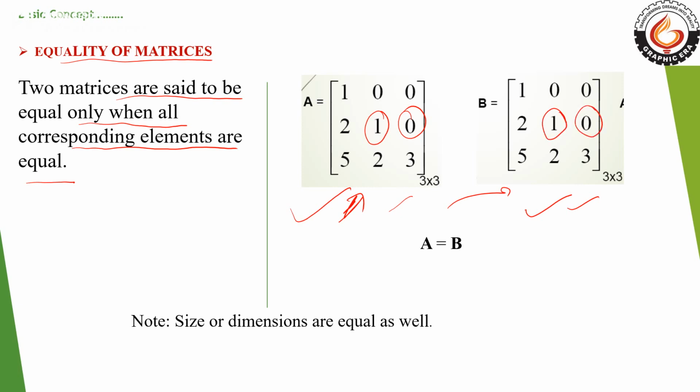So we can say the matrices A and B are equal. Here we have to know the size or the dimension should be equal for equality of two matrices.